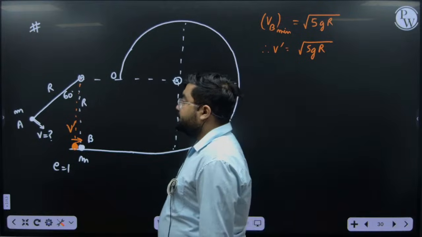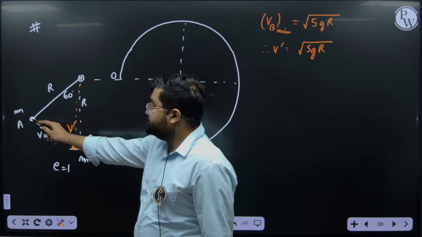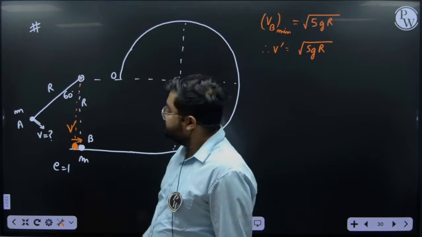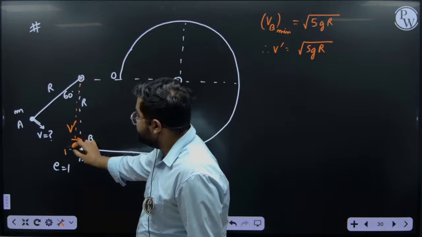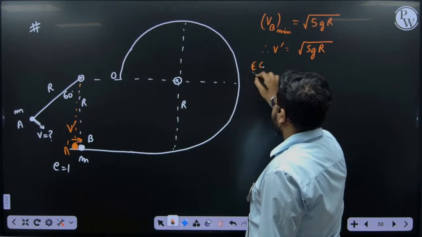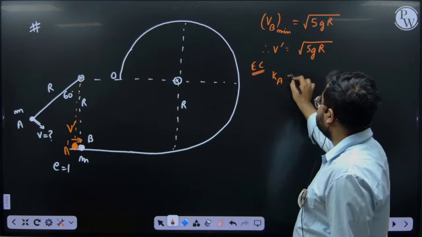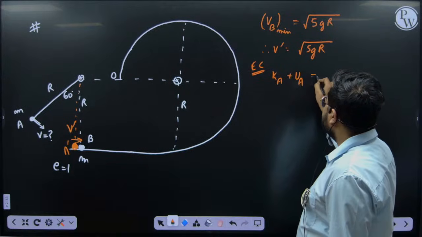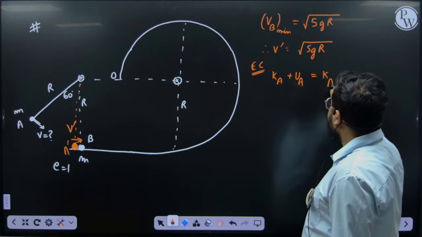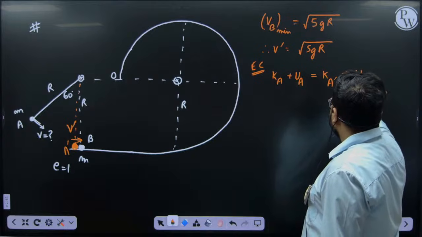So now we just apply energy conservation from point A to the new position of A. Kinetic energy at A plus potential energy at A equals kinetic energy of A at the new position plus potential energy of A at the new position.